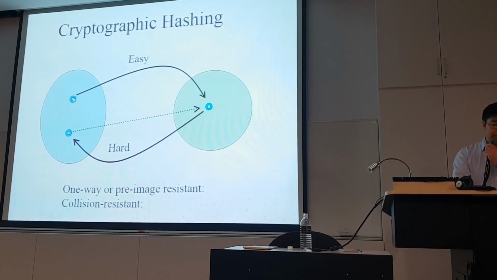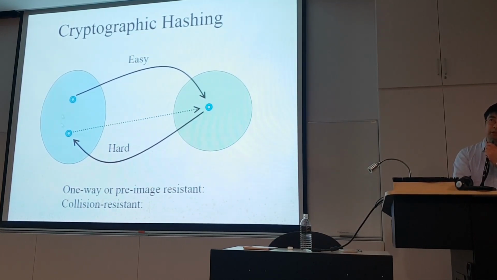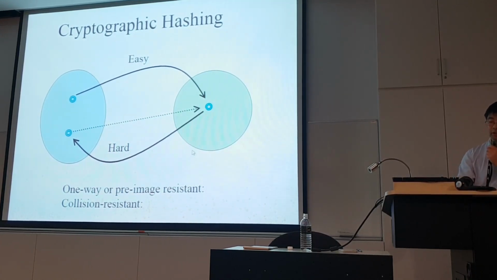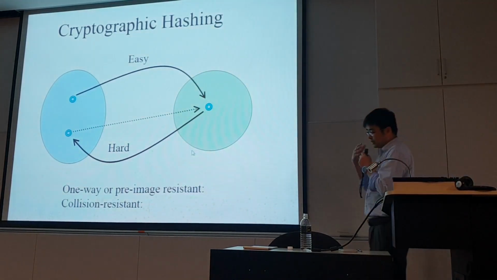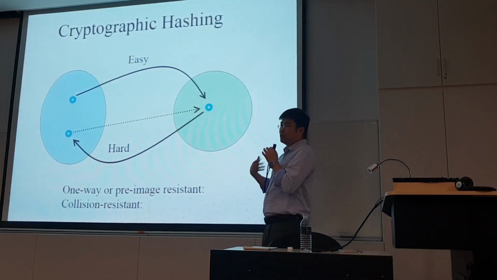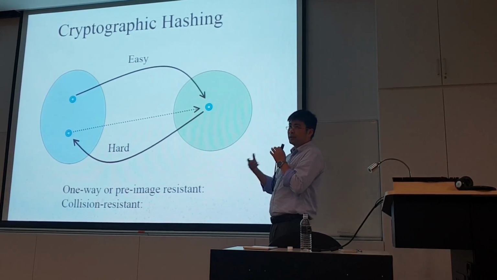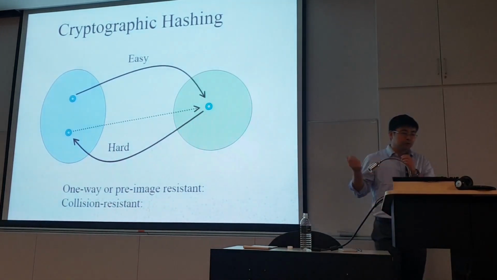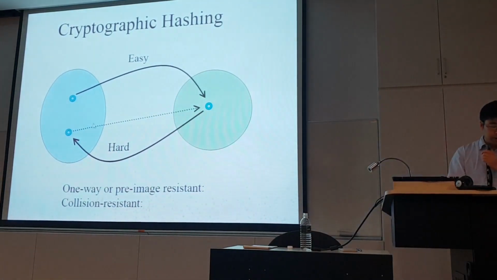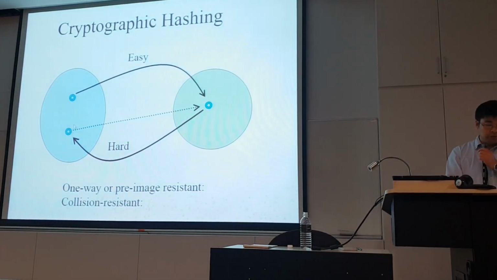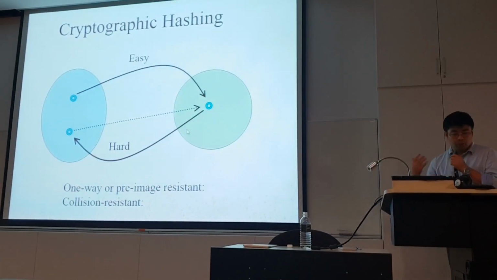For this output, there can exist multiple inputs, but it's difficult to find any of them. Given a hash value, it's difficult to find any pre-image, not necessarily the one you used to produce the hash. And collision resistance means it's difficult to find two different inputs which hash to the same hash value. So these are the two requirements.